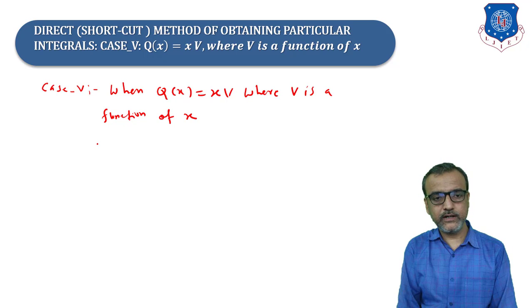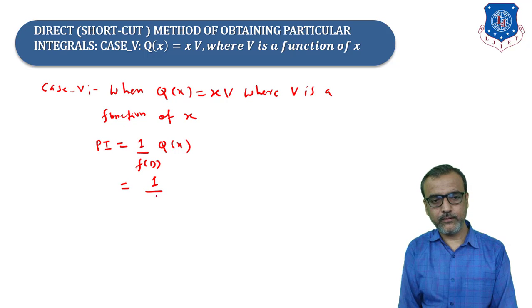As all of you know, PI is given by this formula, that is PI equals 1 upon f of D into Q of x, equals 1 upon f of D. In our case, Q of x is x into v.